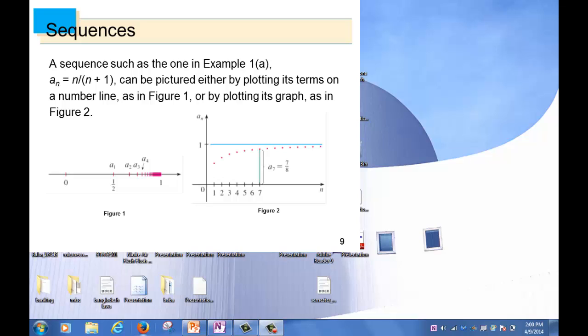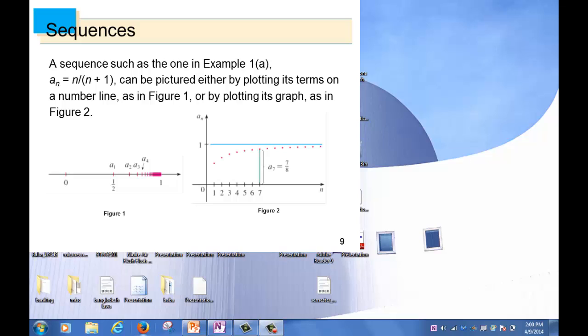You see that the sequence is increasing because 5/6, is it smaller than 6/7? It is, right? 5/6 is smaller than 6/7.